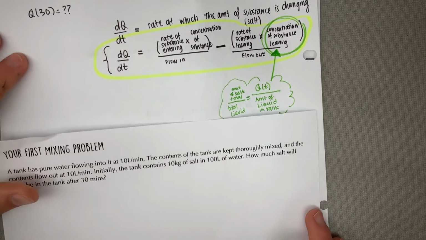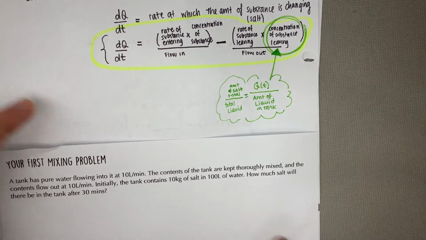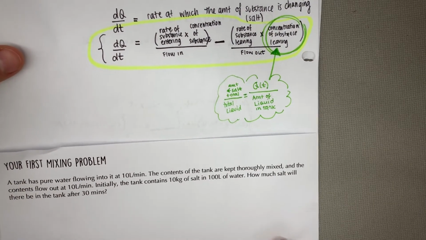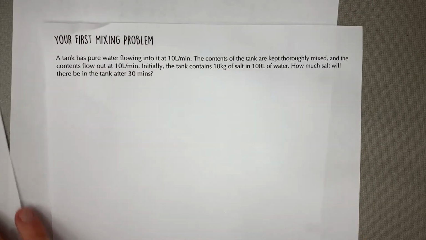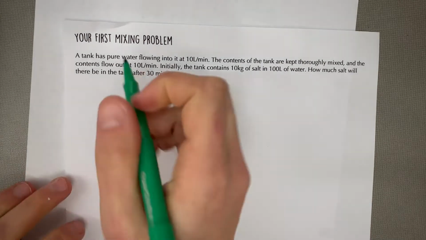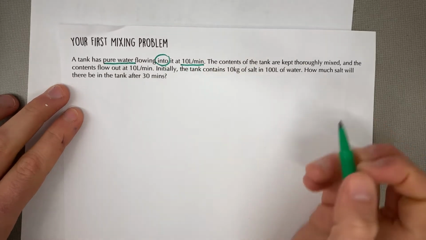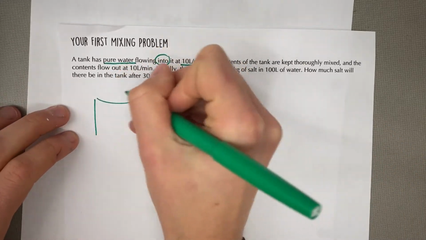So, if you need to, pause, because I'm about to put this on the side so that you can see this. Okay, so we're going to repeat the problem. A tank has pure water, that's important, pure water flowing in at 10 liters per minute. So I'm going to draw this scenario.